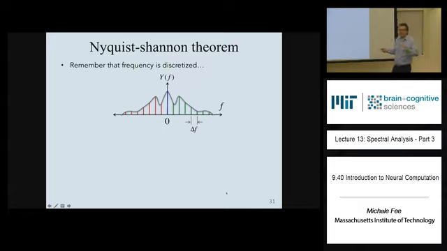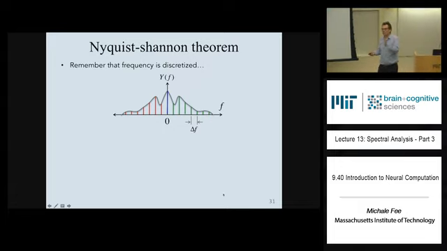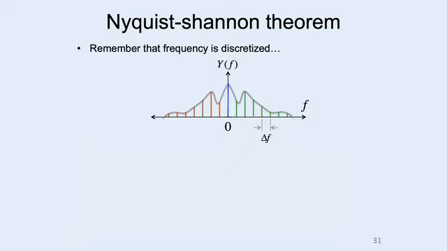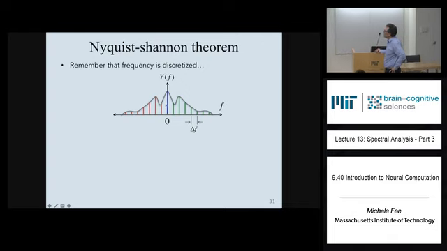But when we do fast Fourier transforms, we've discretized time and we've discretized frequency, right? So when we take the fast Fourier transform, we get an answer back where we have a value of the Fourier transform at a bunch of discrete frequencies. So we have little samples of the spectrum at different frequencies that are separated by a little delta f.